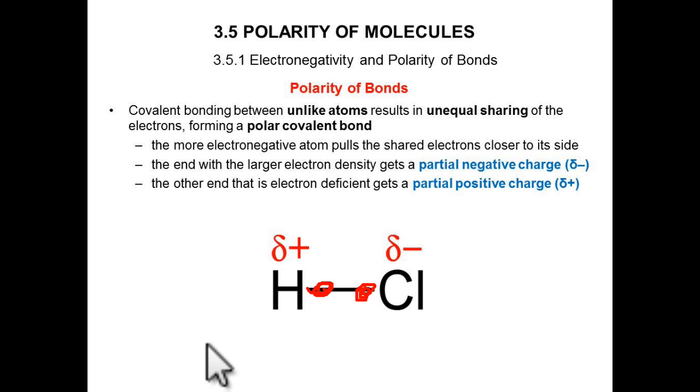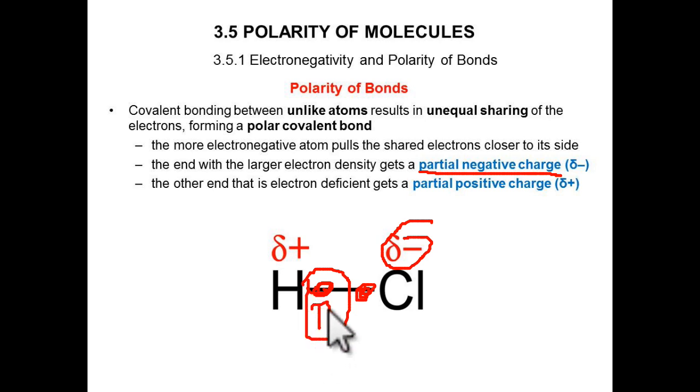But nevertheless, what happened? Chlorine has a higher tendency of electronegativity. That's why we call this a partially negative charge. It has a higher tendency to pull this particular electron closer to the chlorine side. Therefore, we find this electron is attracted closer to the chlorine atom.